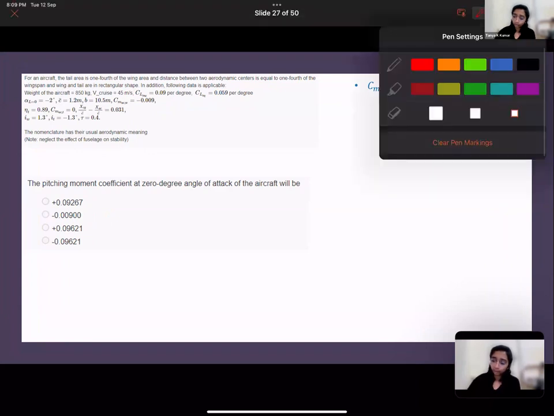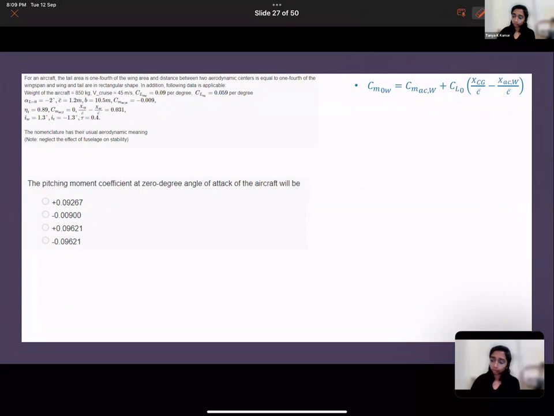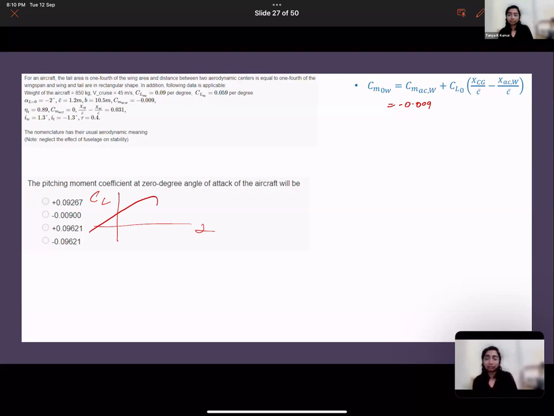For that, you need your CL versus alpha. They've given you angle of attack at 0 lift to be minus 2 degrees. So it is not a symmetric airfoil, it's a cambered airfoil. They've also given you CL alpha. This is minus 2 degrees, and this is your CL naught. How do you find out CL naught?